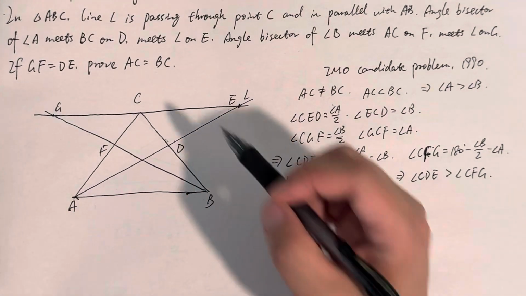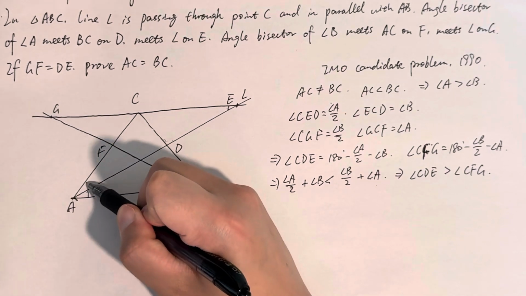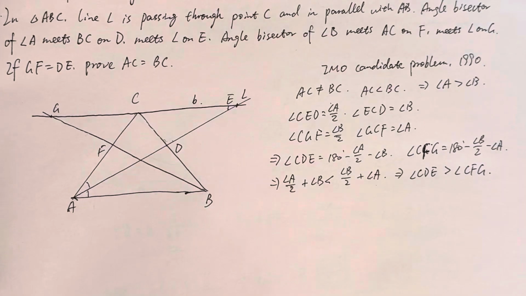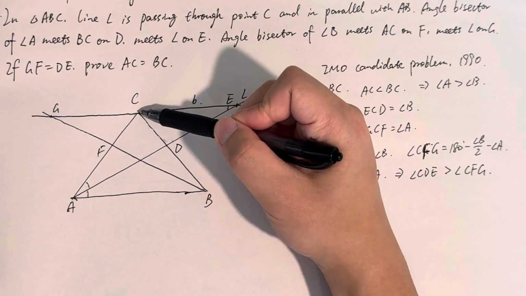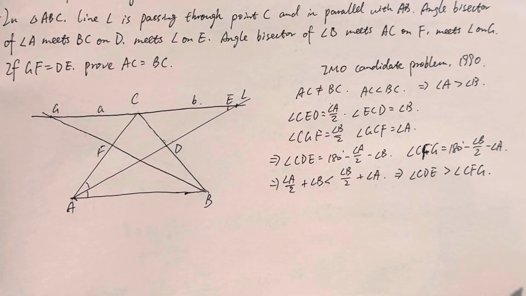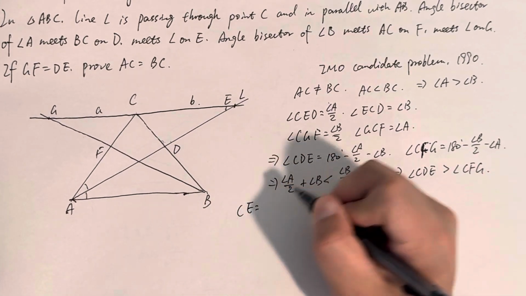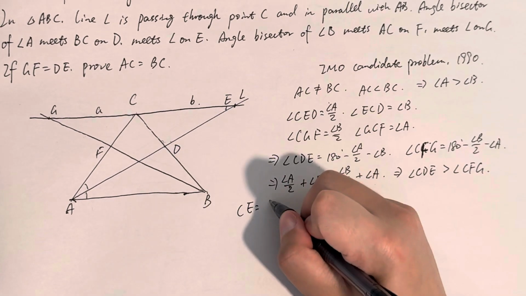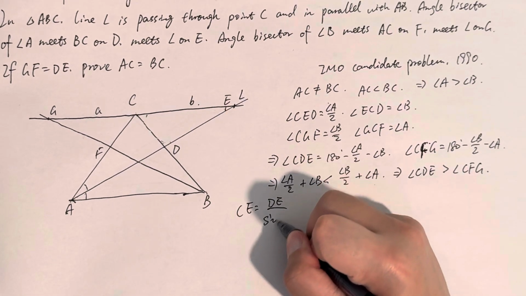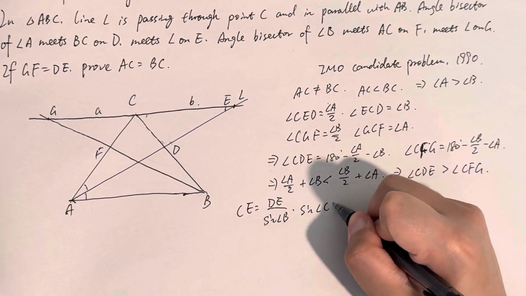Now we know that, because this angle equals this one equals this one, CE equals CA, which is b, right? And CG equals CB, which is a here. So we can calculate the length of CE, which is DE divided by this one, that is sine angle B, times this one, that is sine angle CDE.